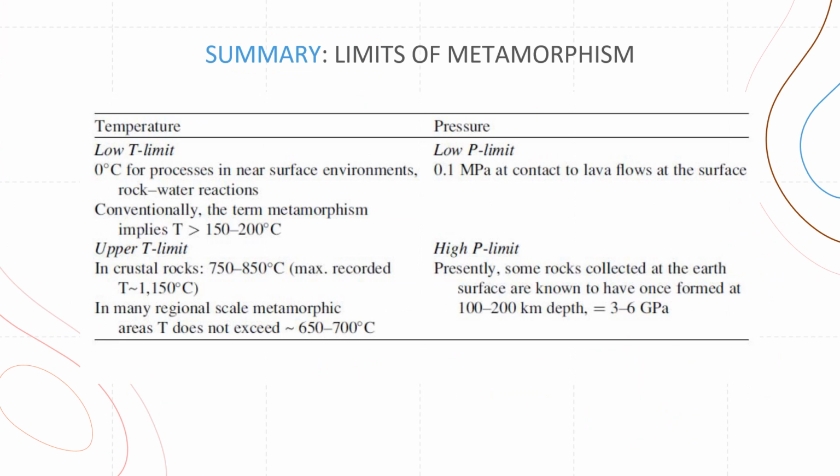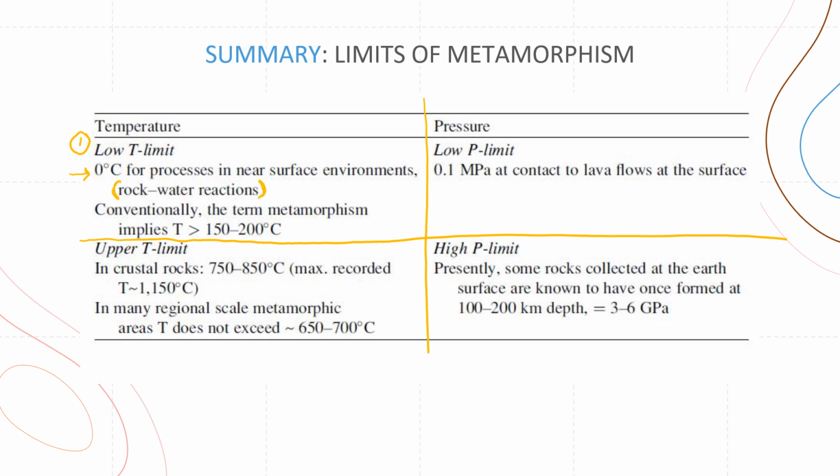Just as a summary on the limits of metamorphism, we can divide this up into the following categories. We have the first one we discussed earlier, the low temperature limit. It's 0 degrees for processes in near surface environments, so we have things like rock-water interactions.